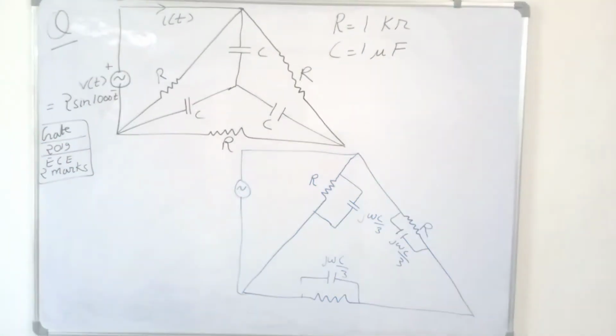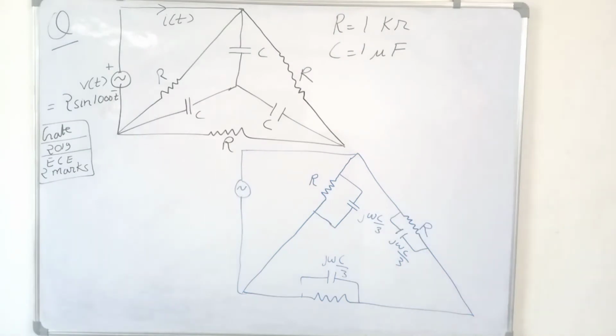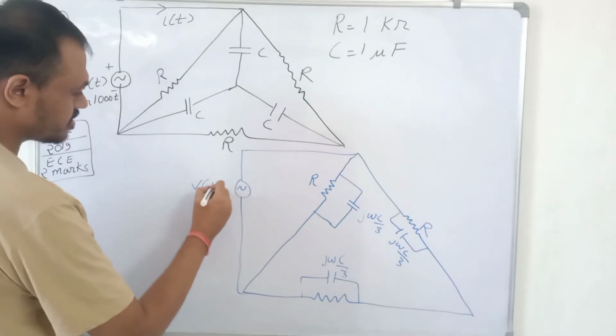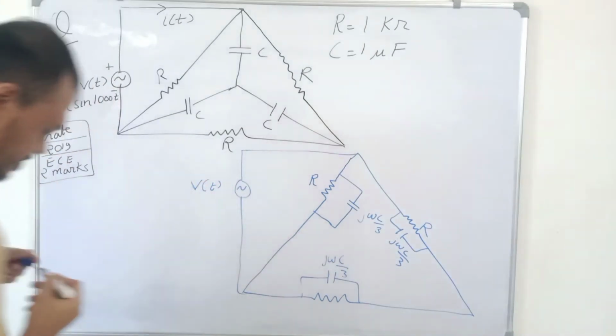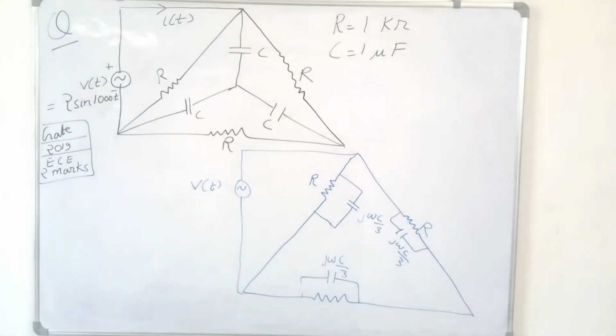This is the redrawn circuit. This is V of t. So in parallel with the resistor we have a capacitor of j omega C by 3.